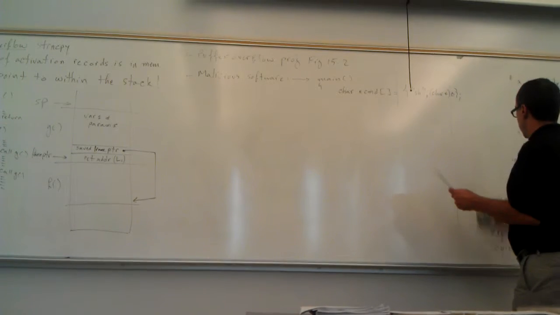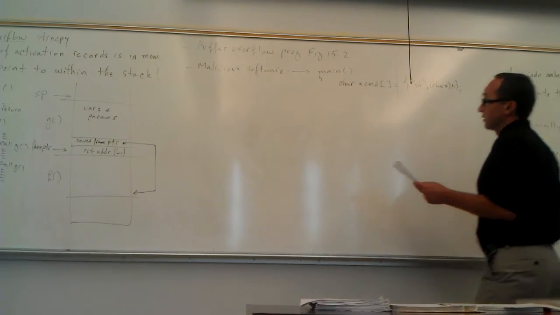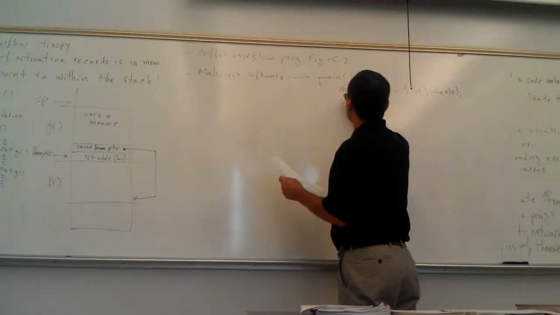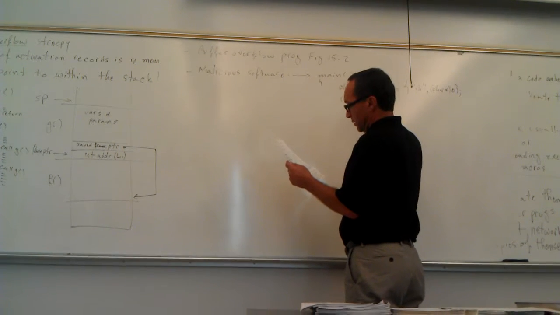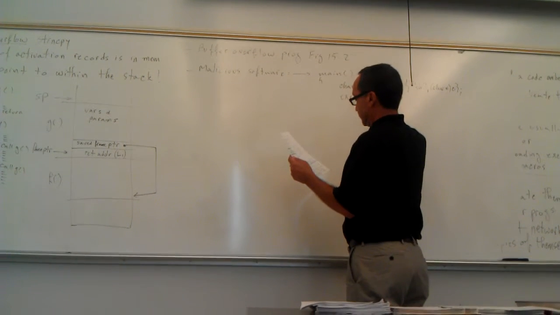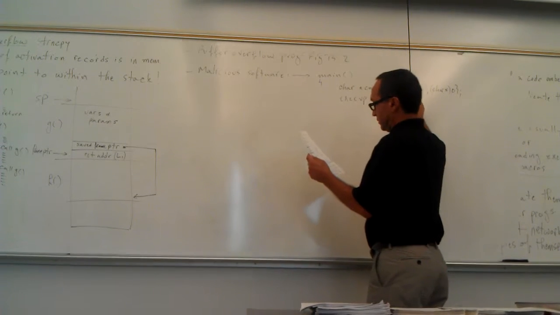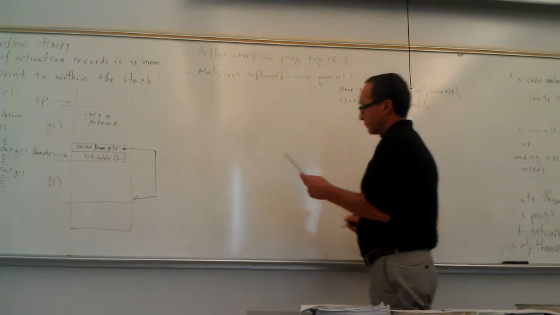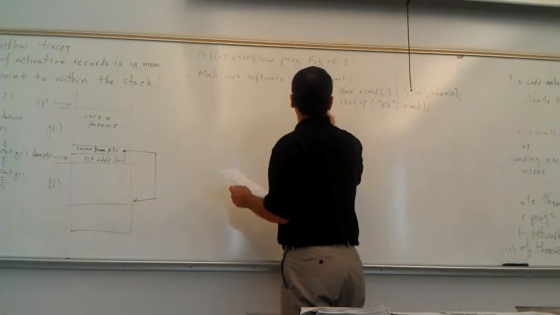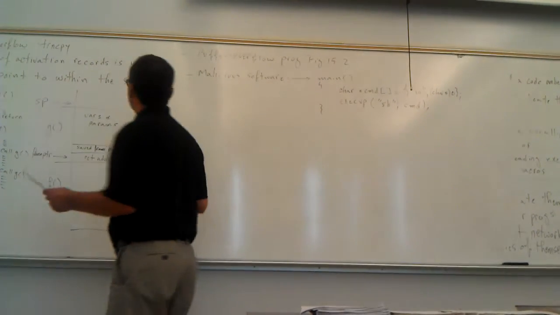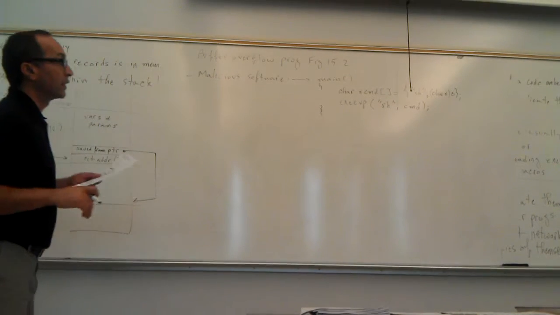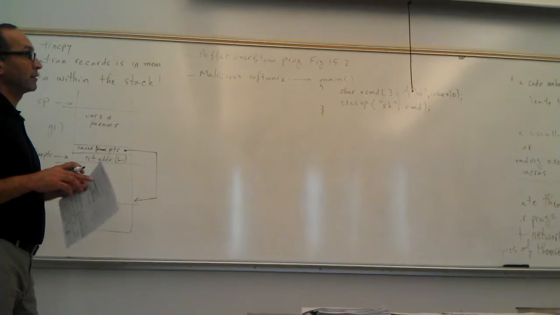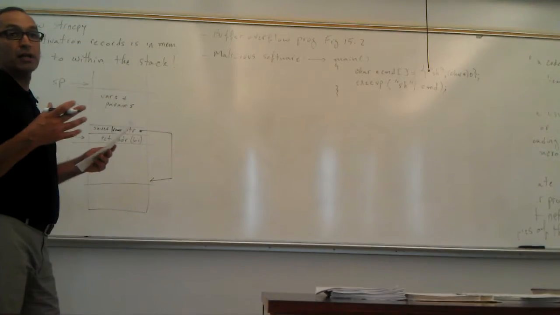So basically, in this program, I want to run a shell command. So execvp shell and command. So you write this program, right? Very simple program that brings up the shell.